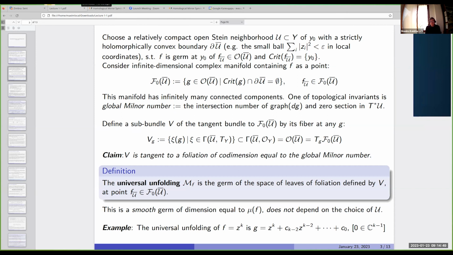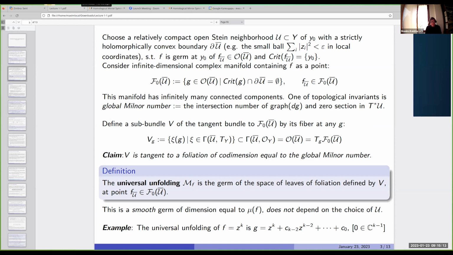And what you get is a foliation. It formally satisfies the Frobenius criterion. Any two vector fields on this infinite dimensional guy tangent to the foliation, if you take the commutator, it's again tangent to the foliation, to this distribution. So it's a foliation of finite codimension.